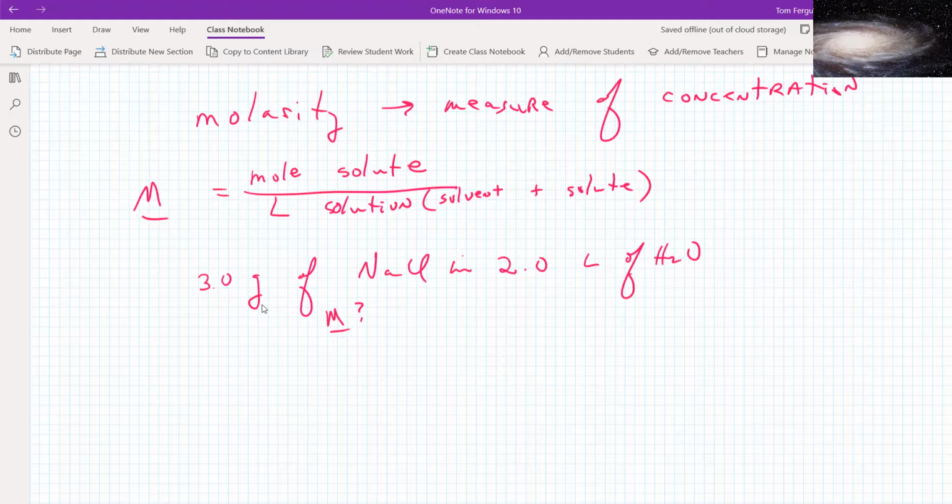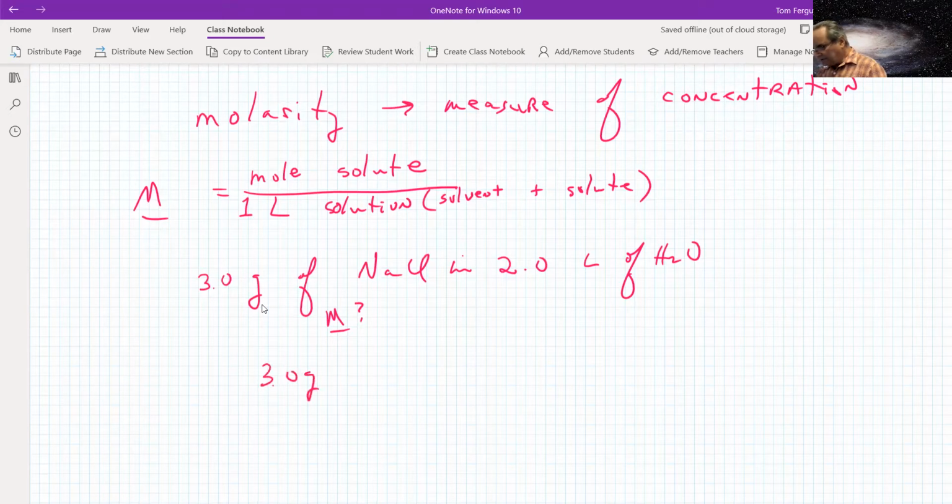Okay, looking at the definition of molarity, it's moles of solute per liter. What's the solute here? The salt or the water? Salt. So we need the moles of salt. We need to convert the 3 grams to moles of salt over, and this is per 1 liter.